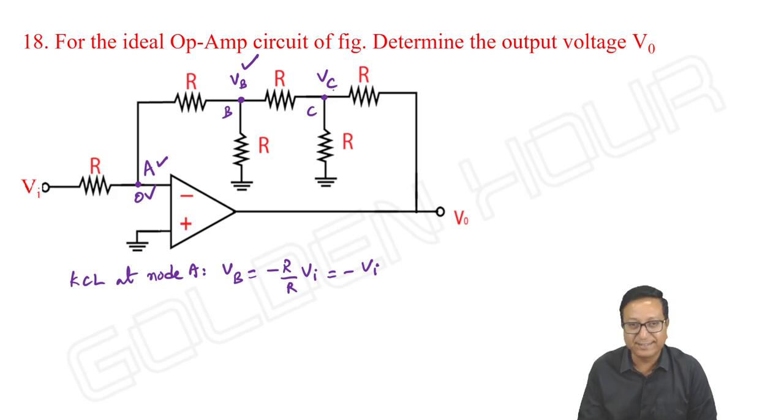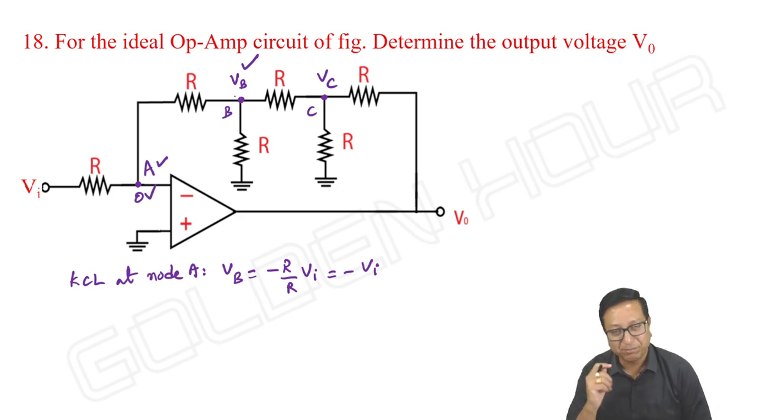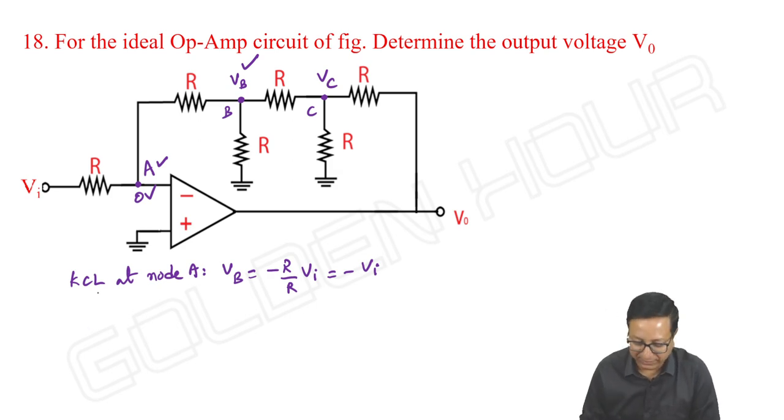This VC is the same as that of V output of the previous case. Is it not so? Okay, or VC is equal to 3 times VB. Blindly I can write it, where VB is equal to minus Vi. So VC will be equal to minus 3 times Vi. Okay, we can write it anyway.